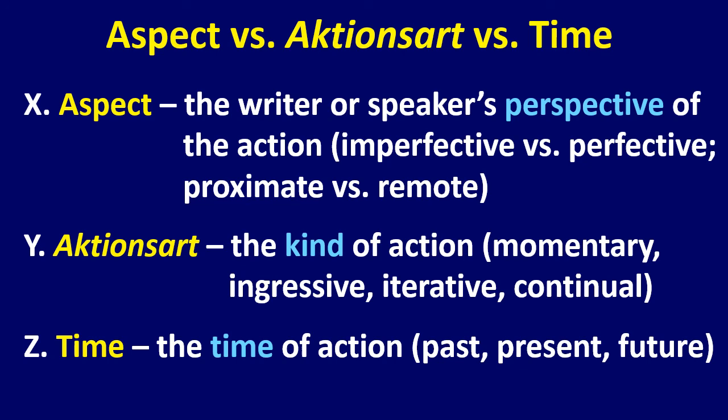When you do your lessons and the exercises and translations, even though the workbook may not ask you for the aspect of a particular verb, because frankly the textbook and workbook are outdated, I want you to think in terms of aspect first and then Aktionsart and time. Every time you see a verb, ask yourself: what is its aspect, what is its Aktionsart, what is its time? You should do this almost by second nature going forward.